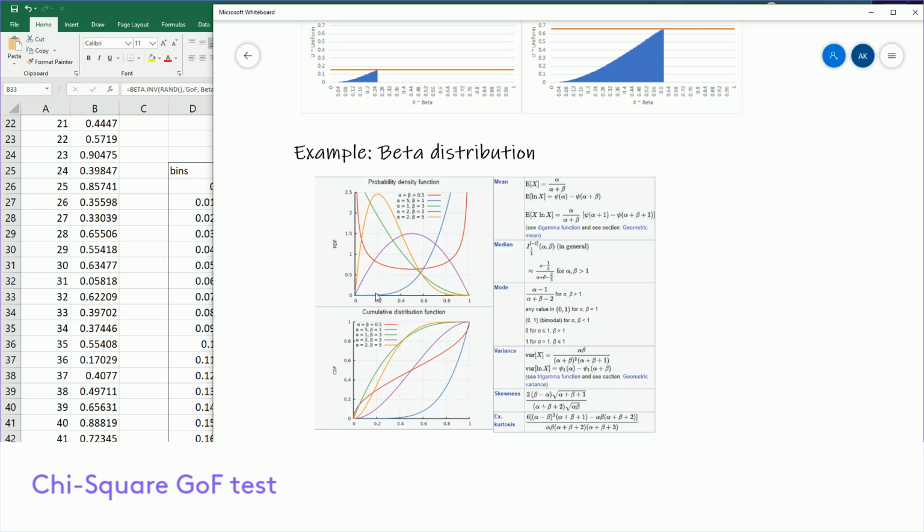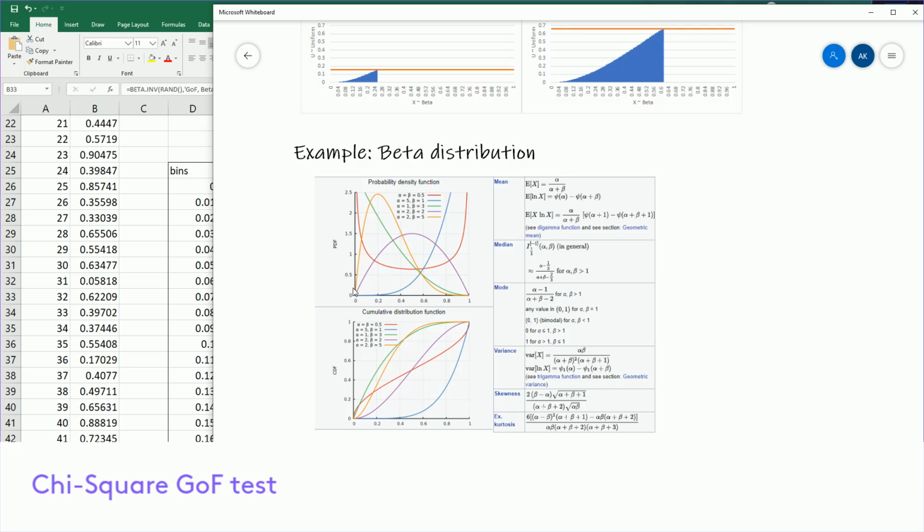I chose the beta distribution because it's easy to deal with, but the same idea works with pretty much any continuous distribution. You can make it work with discrete distributions too, but it's easiest to work with a continuous distribution when we're learning the technique.